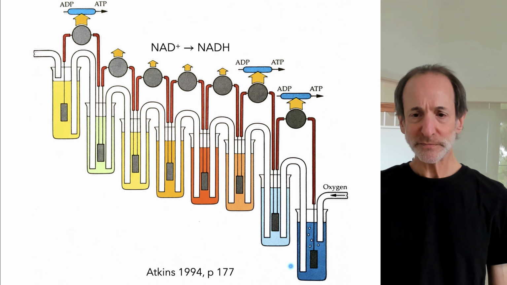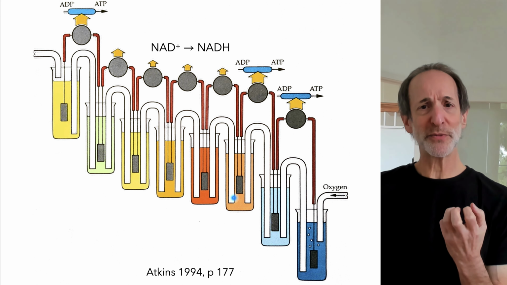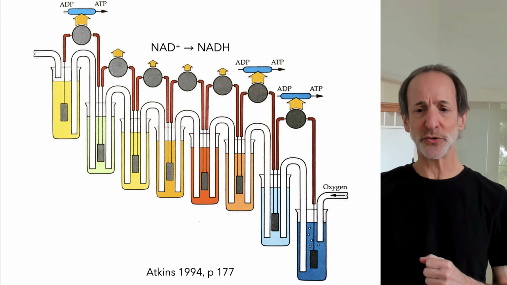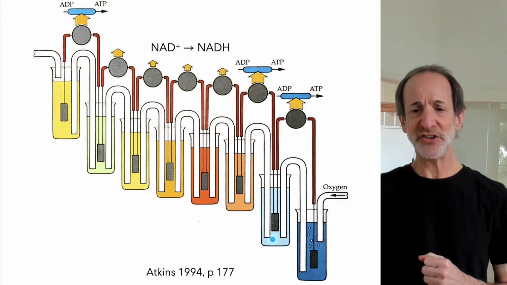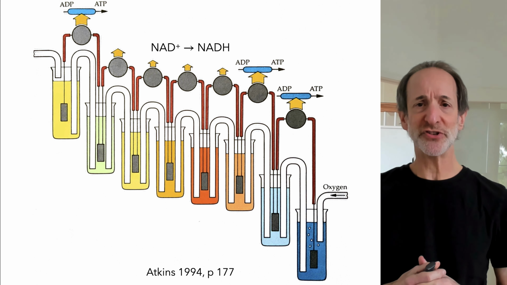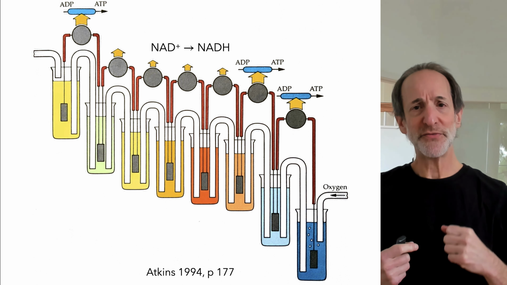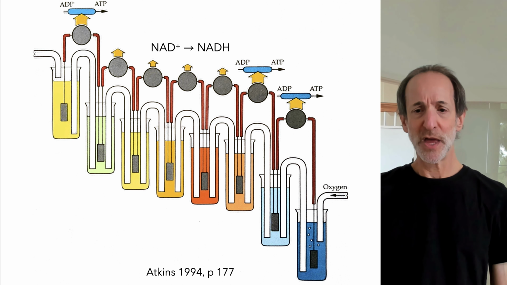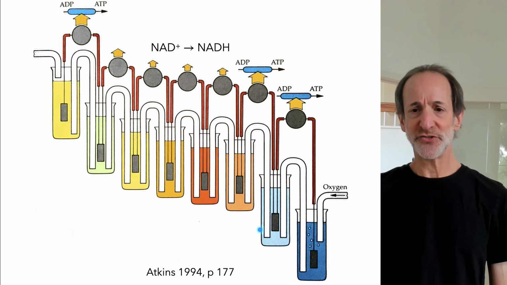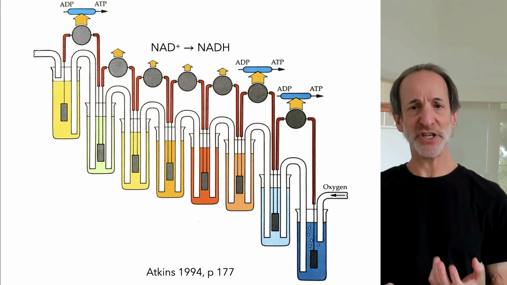And so we see here the fundamental thermodynamic notion of rate versus yield. The bigger the free energy change here, the greater the driving force pushing the reaction faster, and the faster the reaction goes. But the greater the free energy change, the less the capture of the total free energy as ATP or NADH, which is the yield.